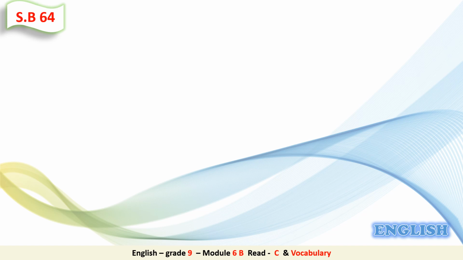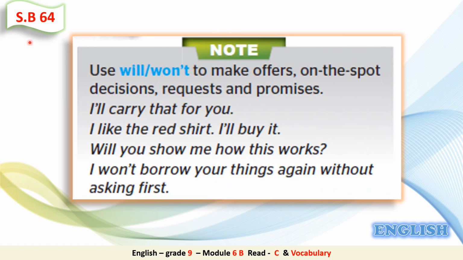Now let's have a look at this note in Students' Book, page 64. Use will or want to make offers, as in the first example, I'll carry that for you. On the spot decisions. For example, I like the red shirt, I'll buy it. Requests.